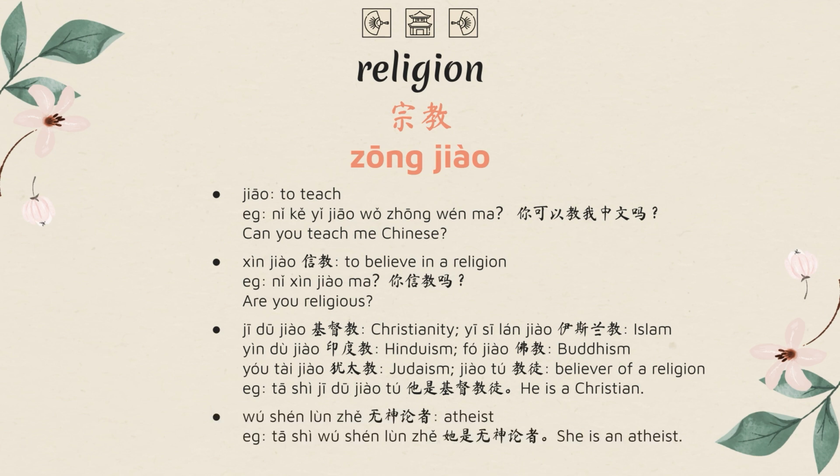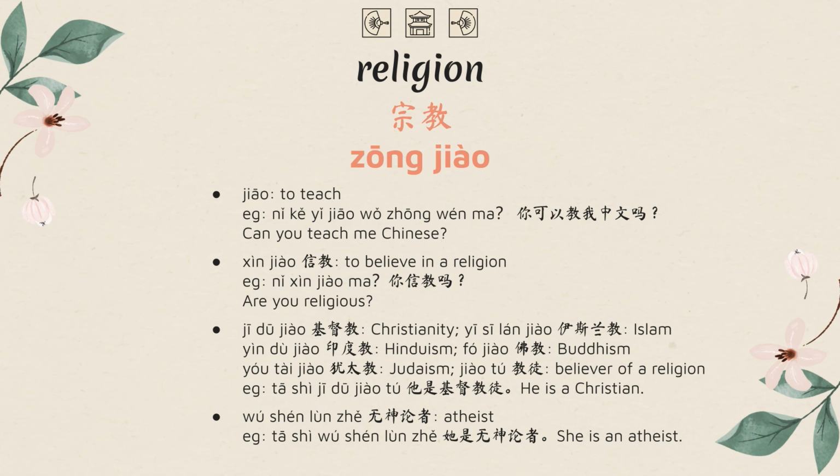Now, if you are an atheist, the word is 无神论者. 无 is a fancy way of saying 没有, to not have, to not exist. 神 means God or deity. 论 means a kind of argument. 者 means a person.